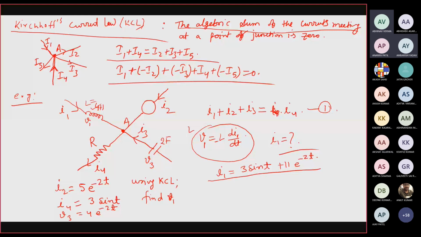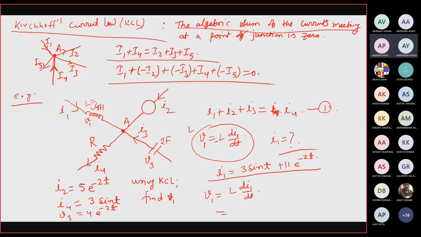Now, if we want to calculate the expression of V1, then this will simply be minus L di1 by dt, right? Otherwise, if it is asked to calculate just the magnitude of V1, then it will be L di1 by dt.